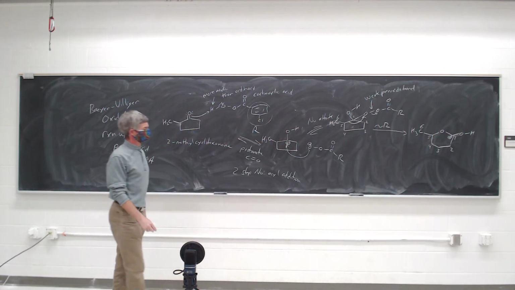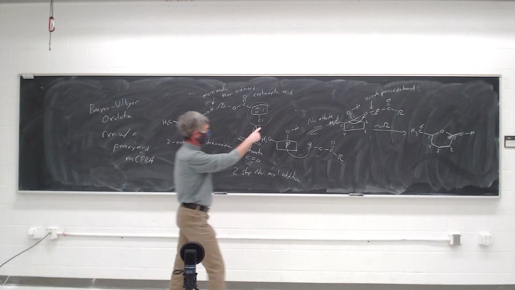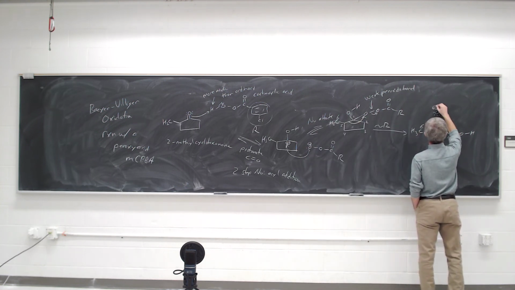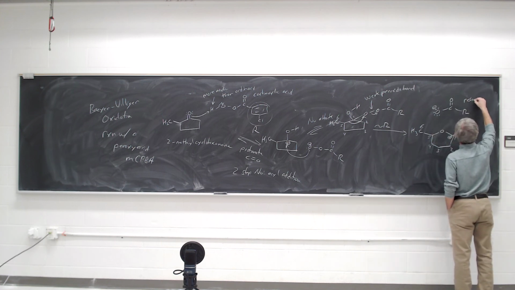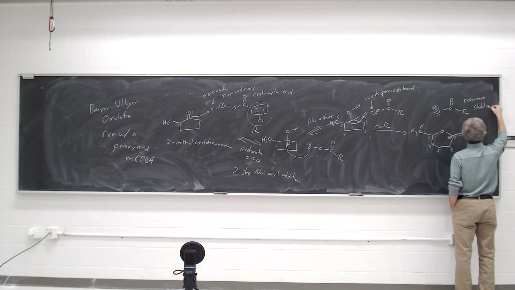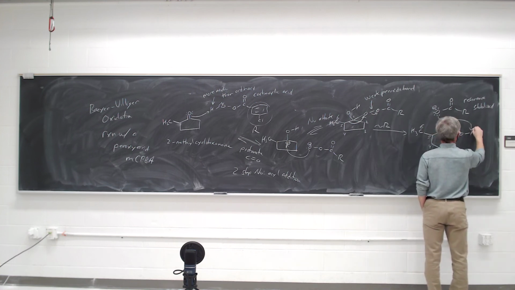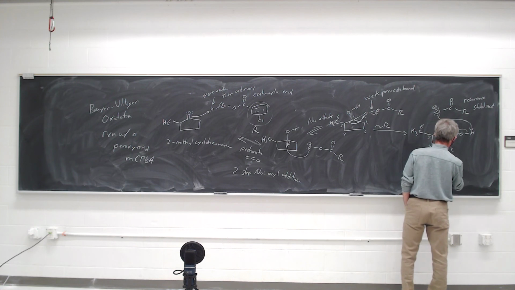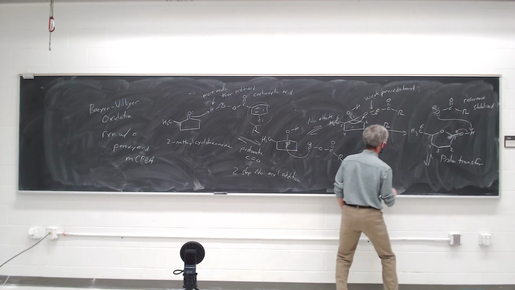So carbon 1 will have that positive charge on it because the alkyl will just move, and the other product will be a resonance-stabilized carboxyl group. And that will deprotonate this hydrogen to generate the final product.